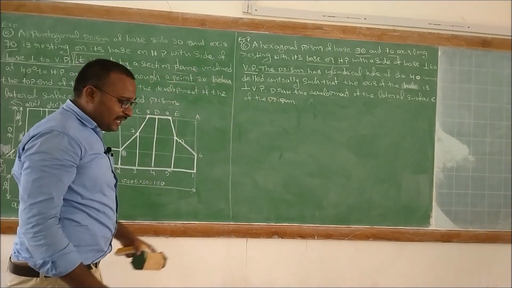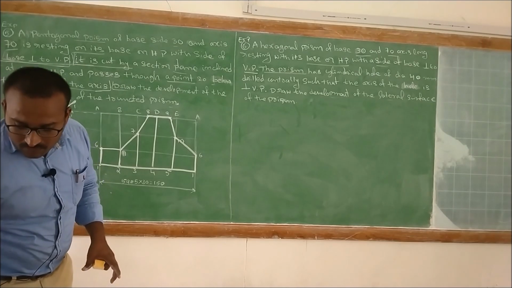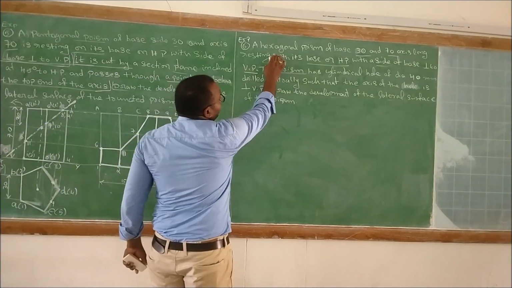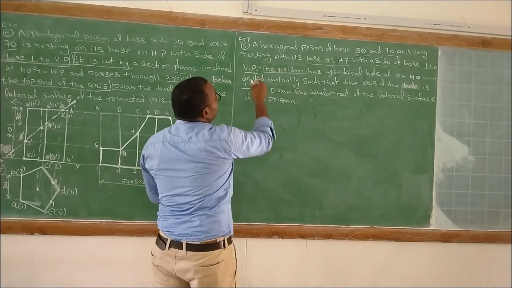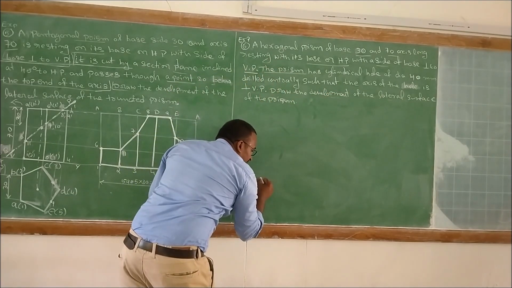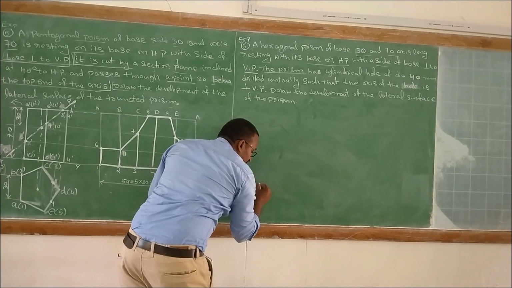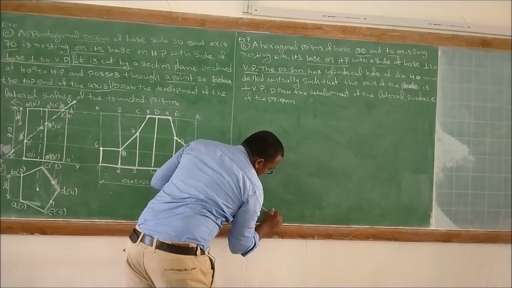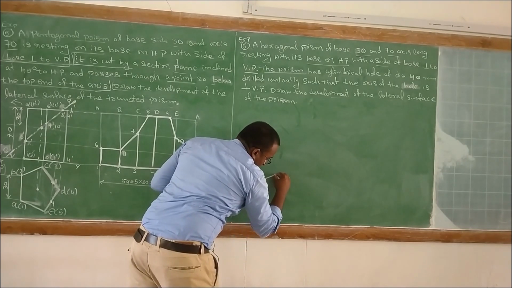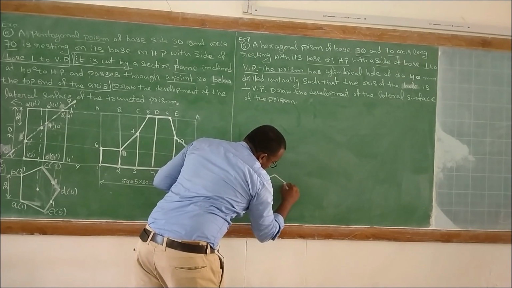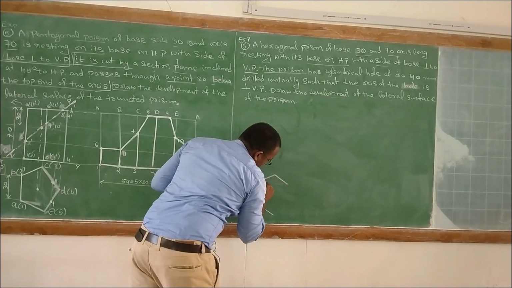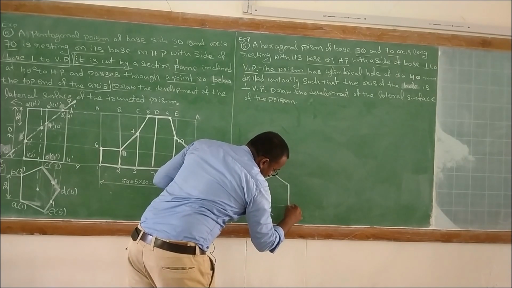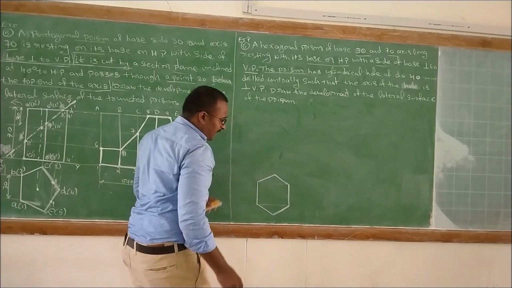Initially, as usual, we must draw the hexagonal prism with a vertical line. Okay, vertical line.